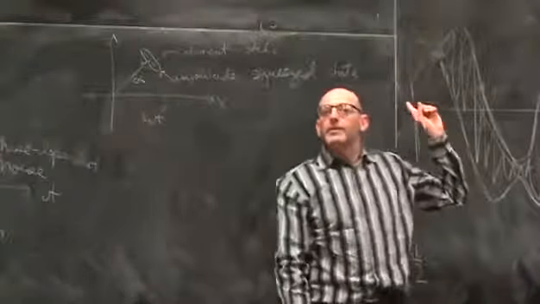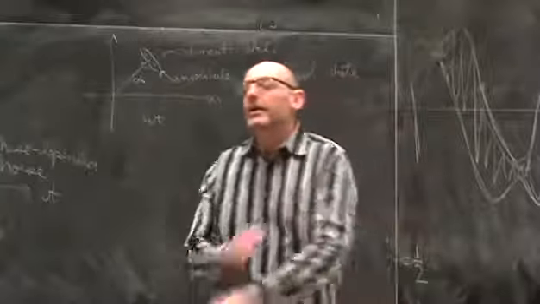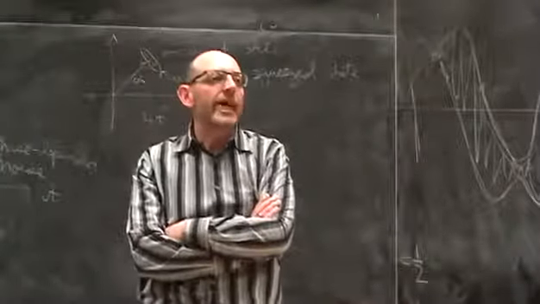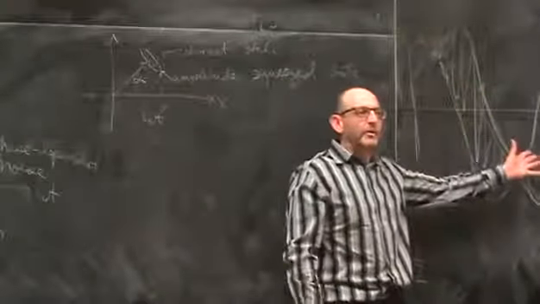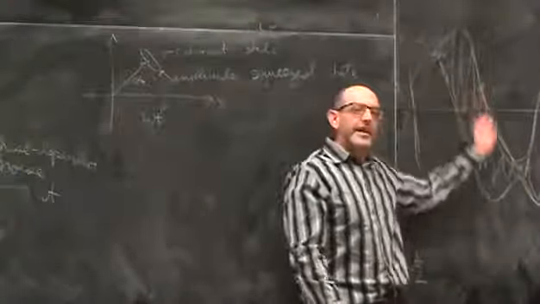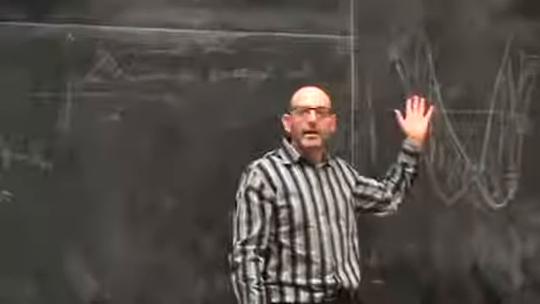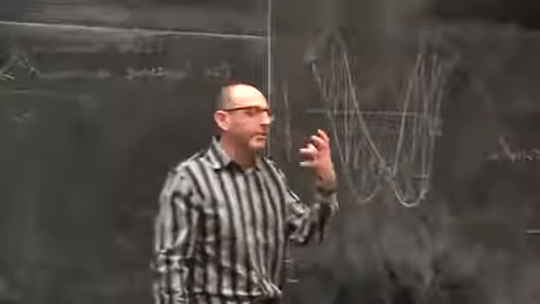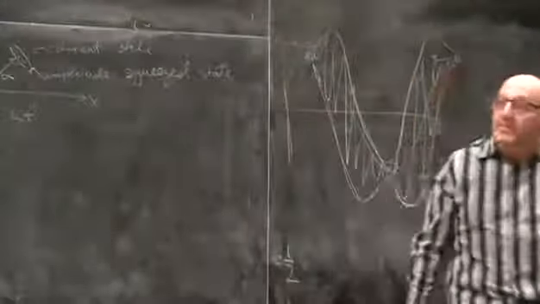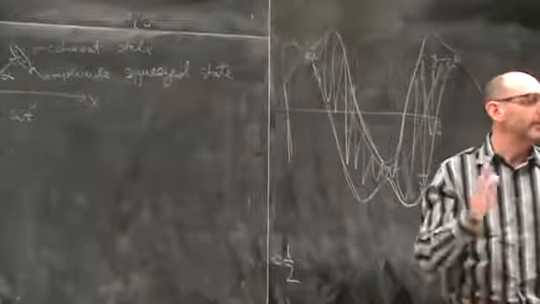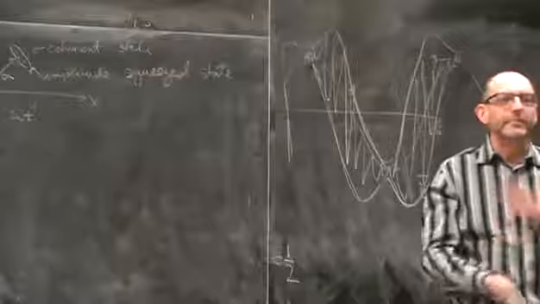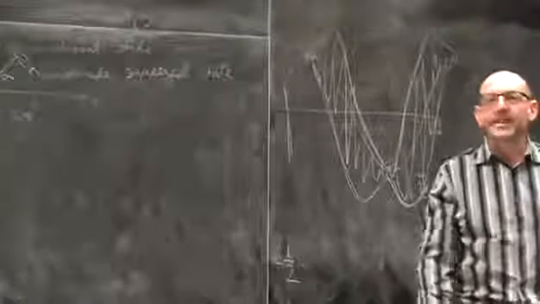Because, as I said, in order to do this measurement, I need to have some kind of detector that depends on the phase of the field, because this is a phase-dependent phenomenon. And direct photon counting doesn't depend on the phase. It only depends on the magnitude of the phase. So we'll talk about that next time.